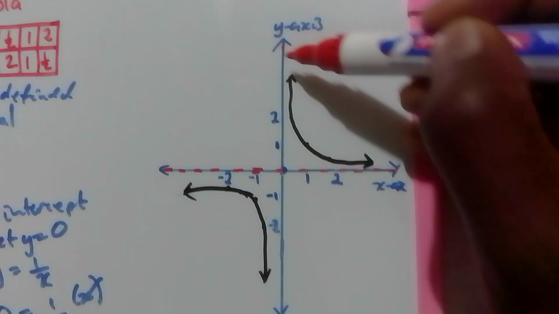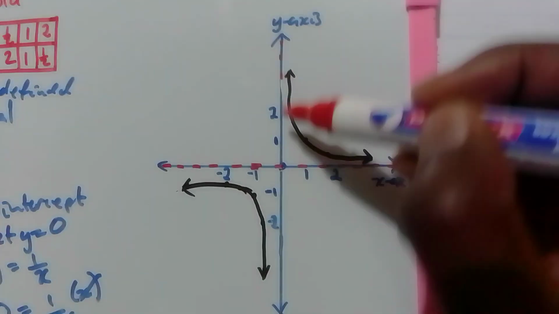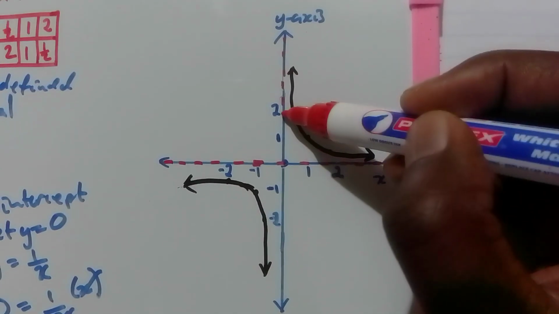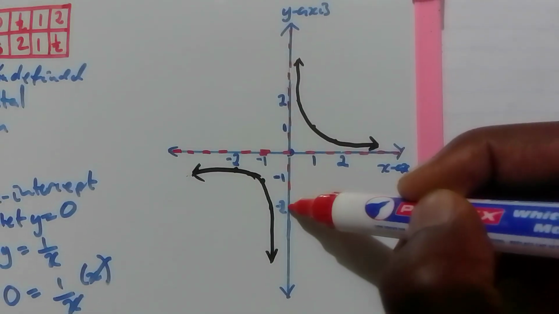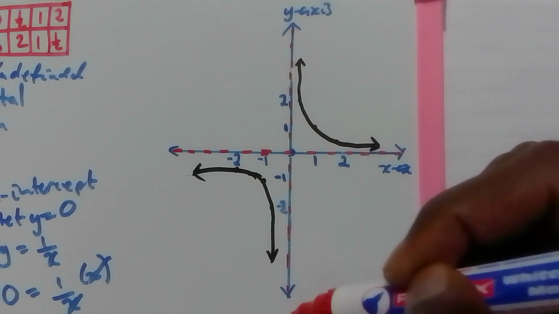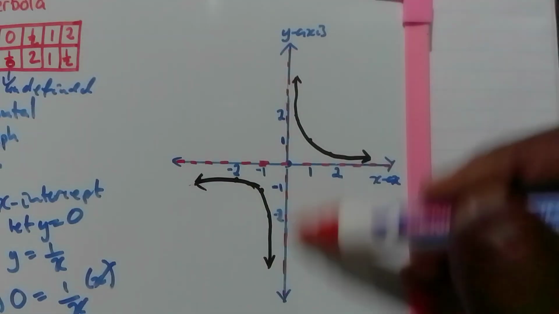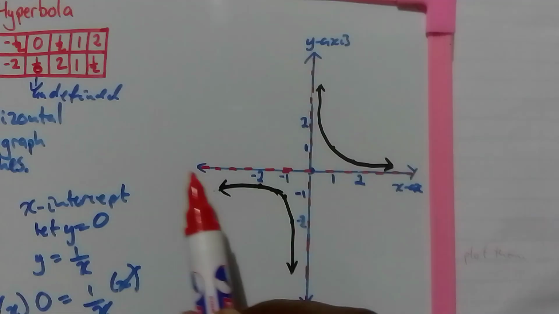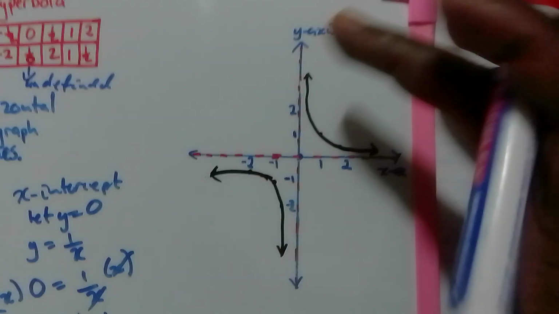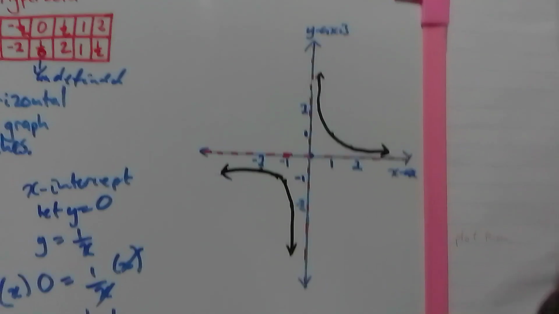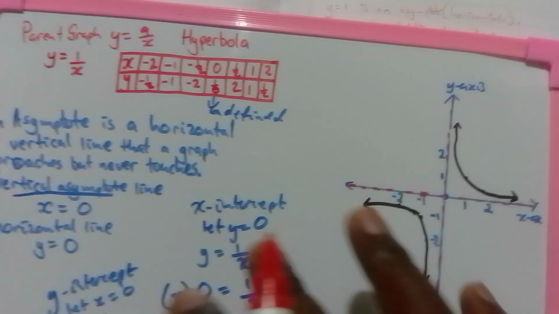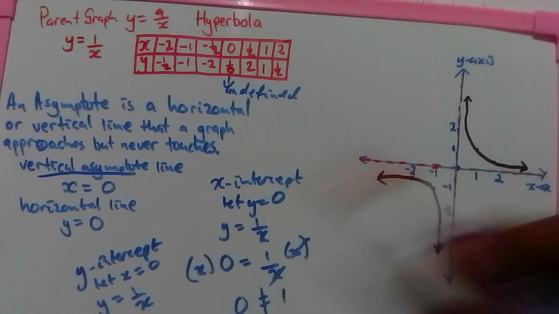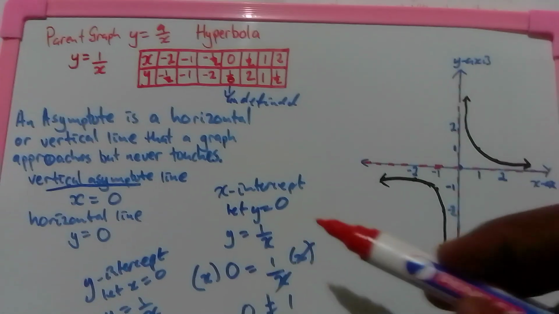And also here, the asymptote on the y-axis. Those are the asymptotes that we have. I hope that everybody has understood this. These are the features of a parent graph.